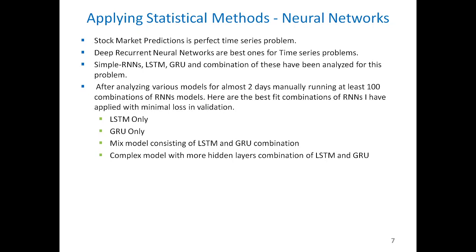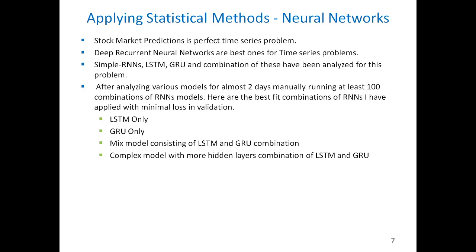So as part of my initial model building and testing the stock variations based on these models, trying to learn the data and then fit the model, I tried the simple RNNs, LSTMs, GRUs, and combinations of these, analyzed to get the best fit out of the available RNNs.